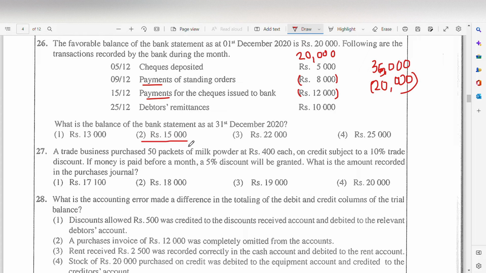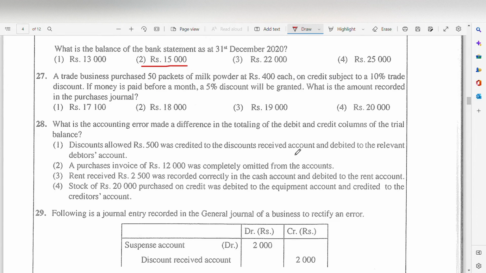Answer 2. A trade business purchased 50 packets of milk powder at 400 rupees each on credit, subject to a 10% trade discount. Now let's move to question 27.